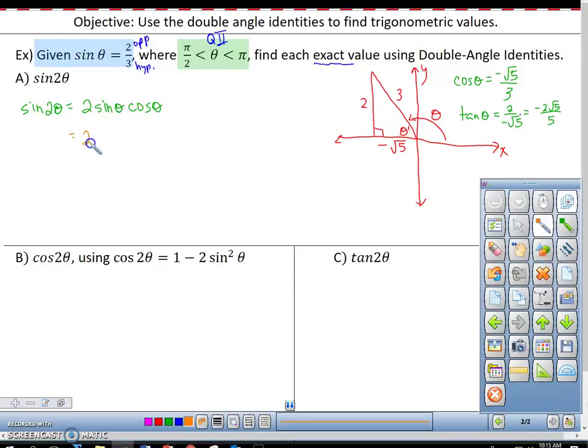So this becomes 2 times 2/3. And over here we determine the cosine of theta is negative root 5 over 3. And so simplifying this, this becomes negative 4 times the square root of 5 over 9. So there's our sine of 2 theta.